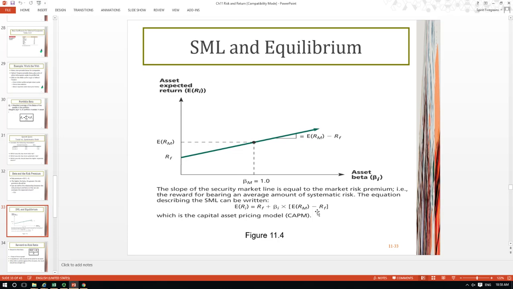One is return, the other one is risk. It's just that the return here should be expected return or future return, and the risk here should be market risk that can be measured by beta. So this security market line and capital asset pricing model that can be expressed in this formula essentially show you a function between expected return and the beta.